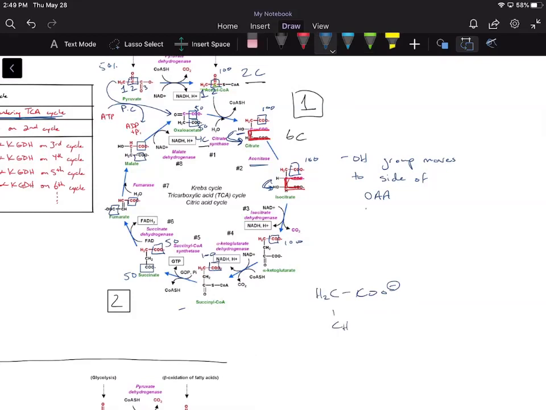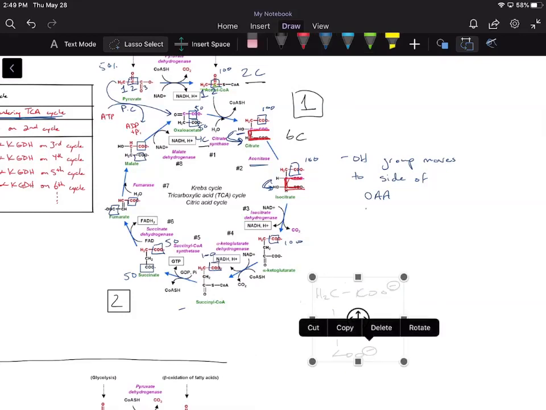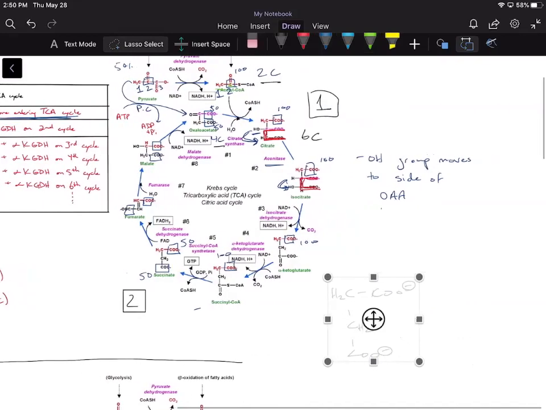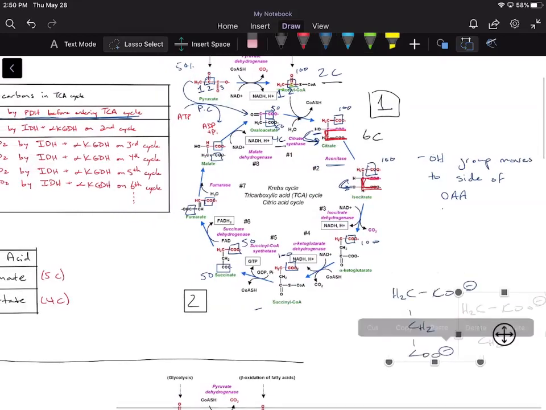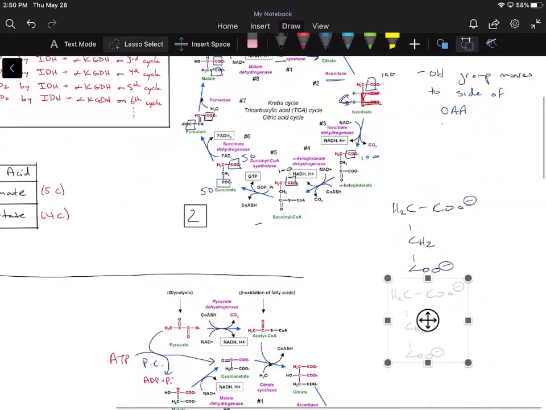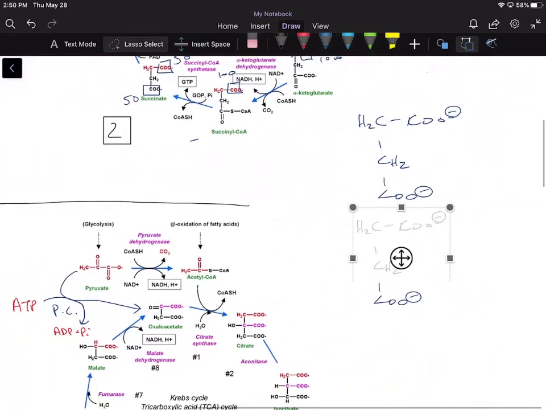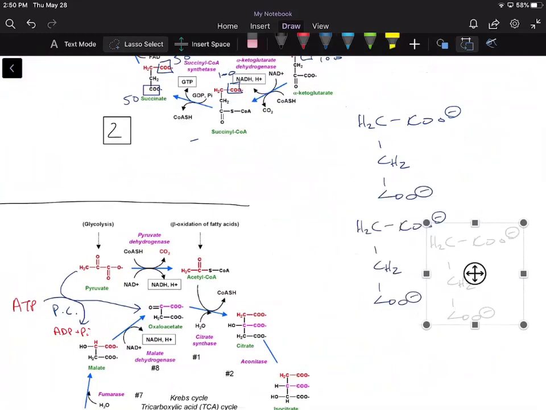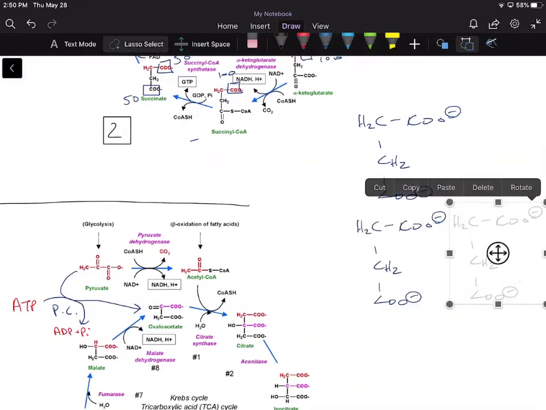If I'm talking about a population of molecules, maybe I could save myself some time and just copy and paste this.